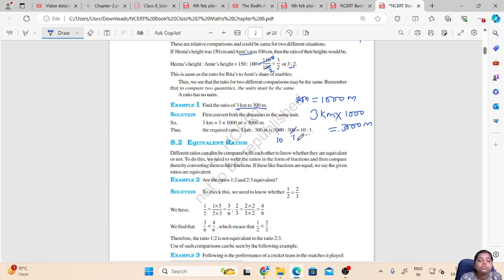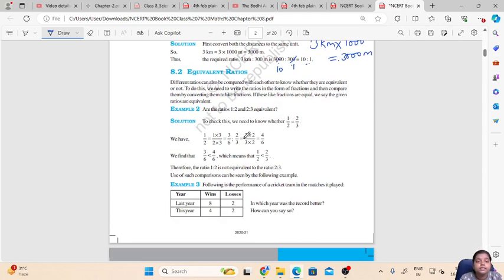There is something which is called an equivalent ratio. Let's see what this is. Here they will give different ratios, and we have to compare whether the given ratios are equivalent to each other or not. So first we need to write the ratio in fraction form, and then compare them by converting into fractions.